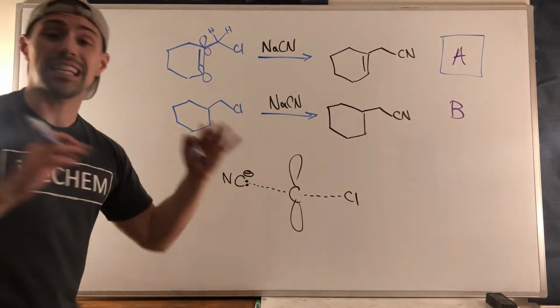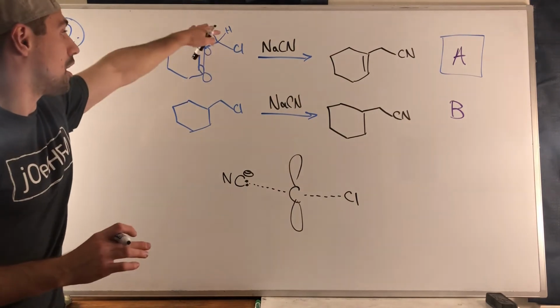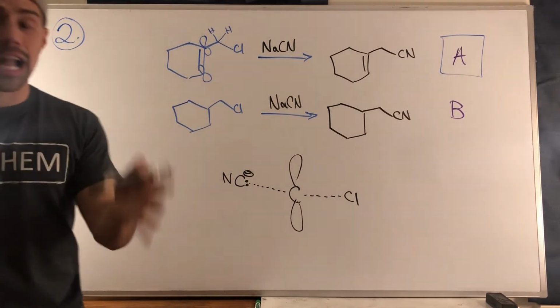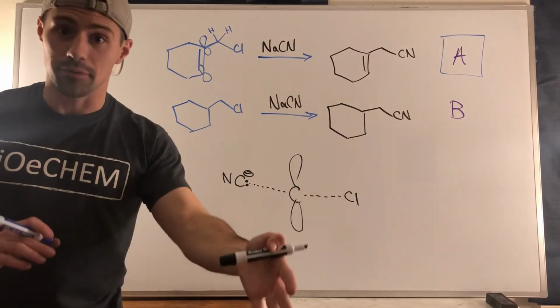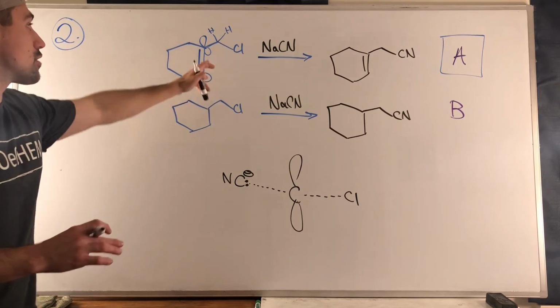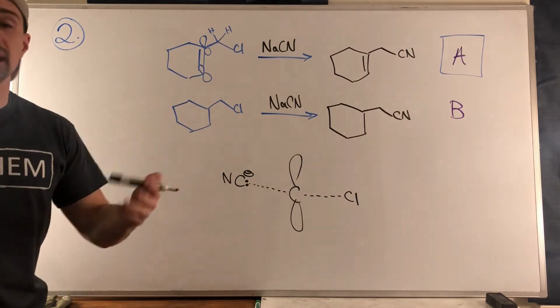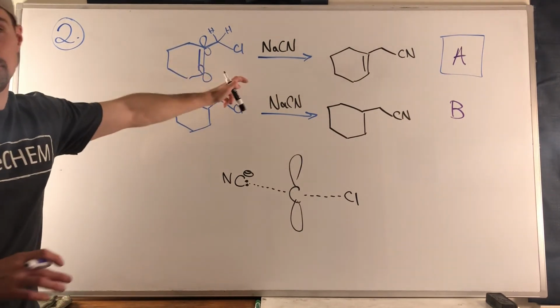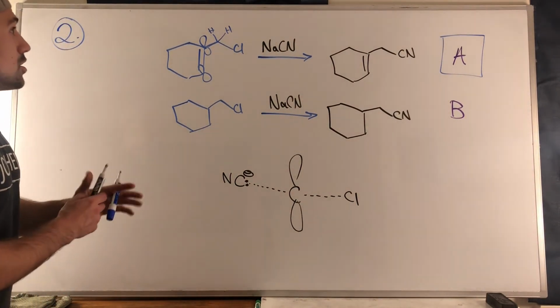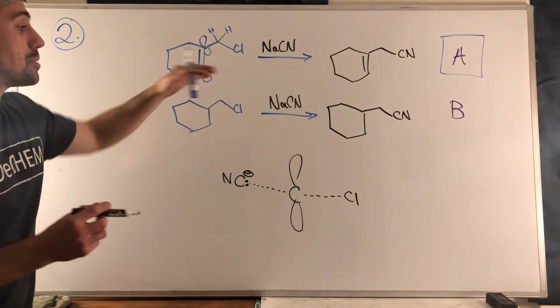The transition state is stabilized in this scenario, whereas none of that exists when you are fully saturated. Saturated meaning no double bond, right? Saturated meaning all carbon-hydrogen bonds are there, versus up here we have a carbon-carbon bond that replaces a CH bond.